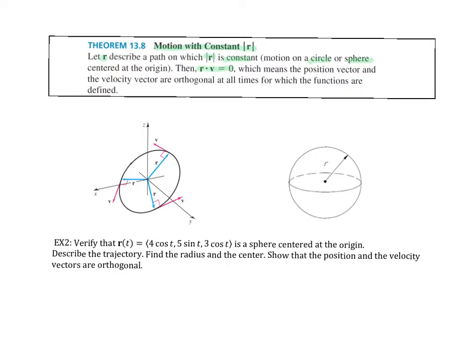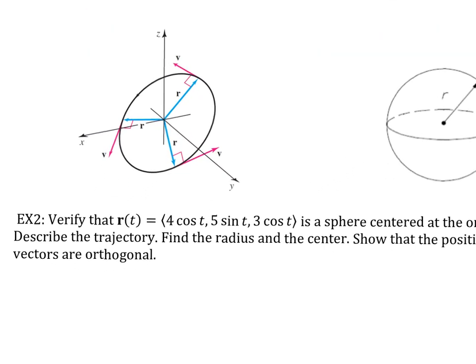And this diagram here is what we're talking about. Remember, this is in three-dimensional space. So if we look at these vectors r, as time goes on, r moves in the same direction as this circular path. But notice that this circular path is no longer in the xy plane, it's just in space.